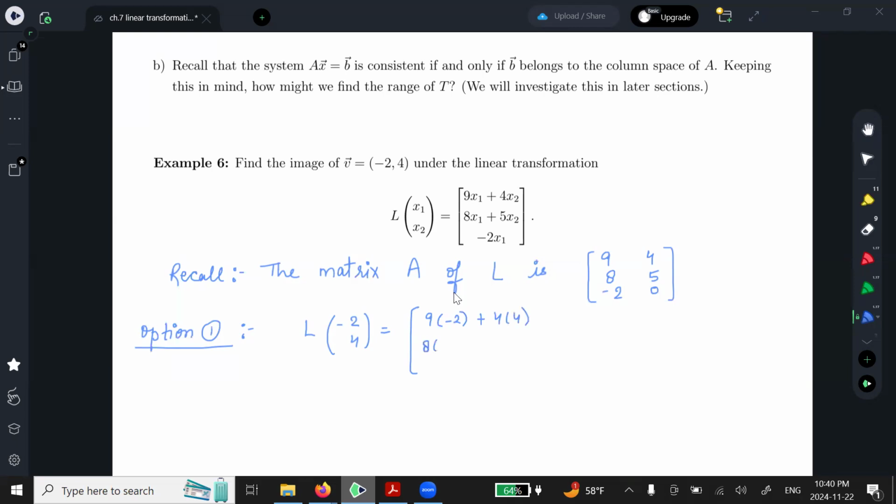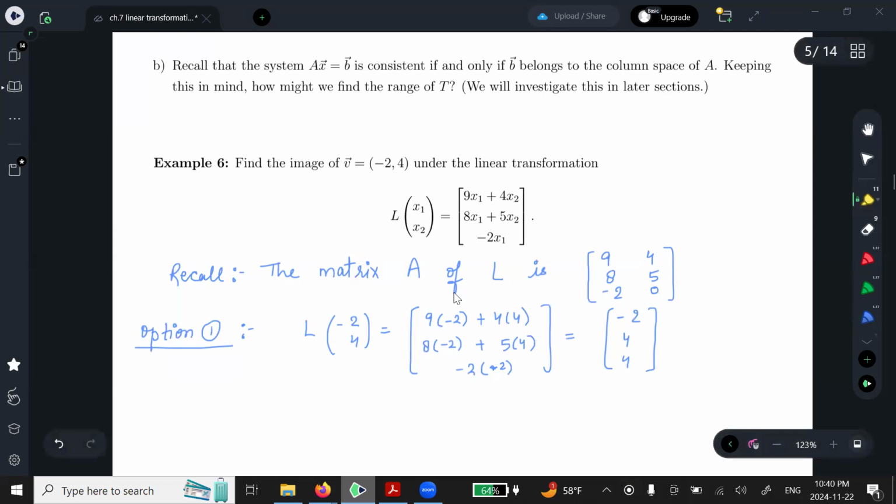And I will get the answer. I got negative 18 plus 16. I got negative 2. I've got negative 16 plus 20. I got 4. This is option 1.